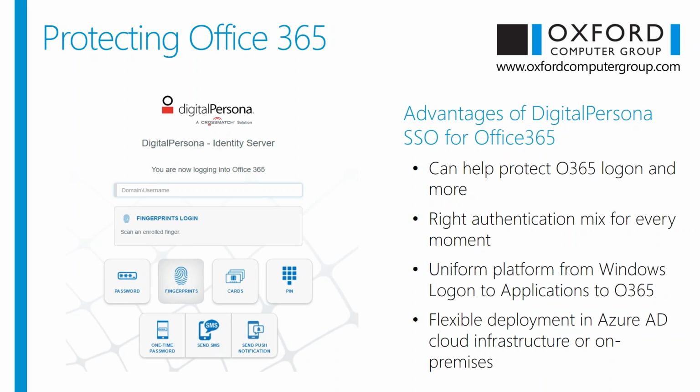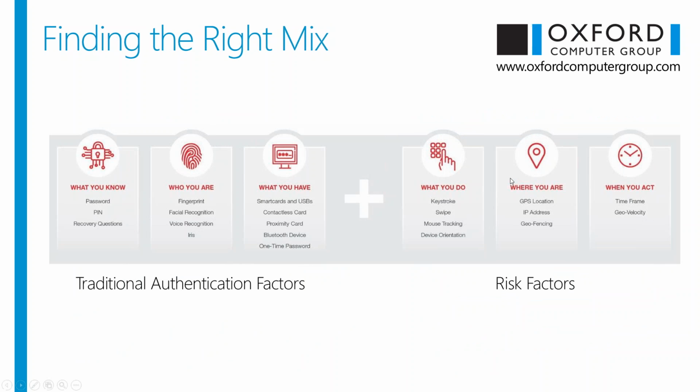You can support just the ones that user is enrolled with, and the user will have a choice. So let's say they forgot their phone, or they're just not feeling like they want to do an OTP today. They can do a fingerprint swipe on a supported device or through their PC. So that's an example of how we protect Office 365.